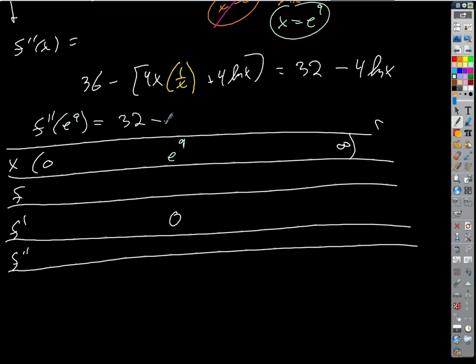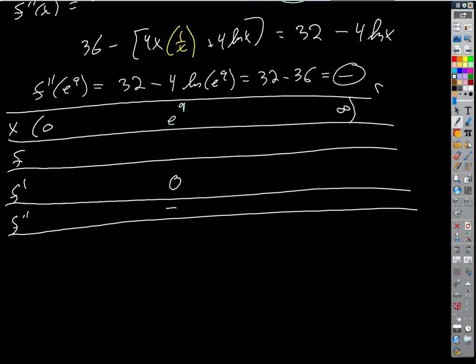So 4 times 9 is 36, 32 minus 36 is negative. So I don't even care what the value is, I just need to know that it's negative.